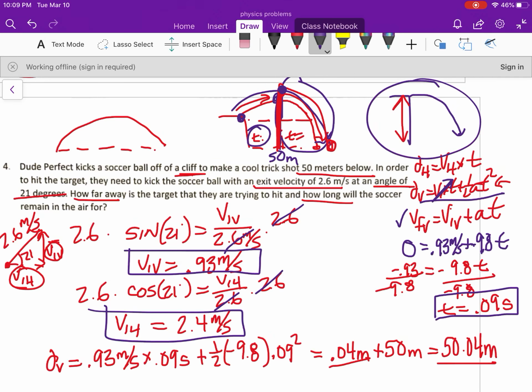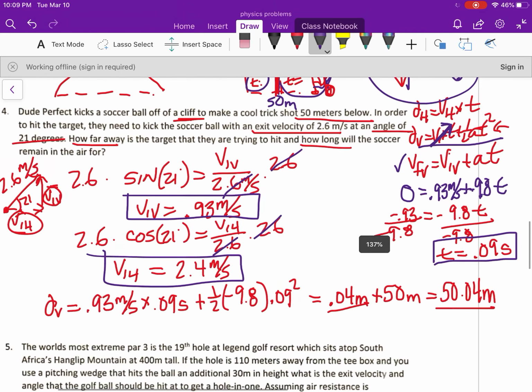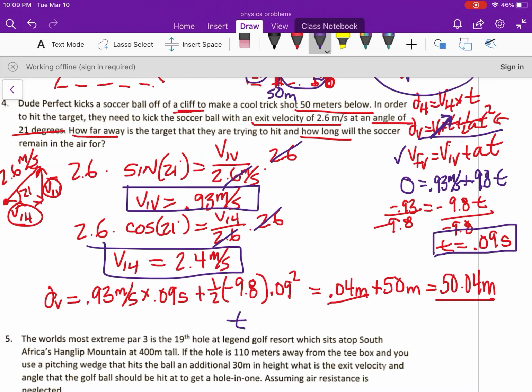So if I'm treating it like a horizontal projectile motion problem, I can just say my vertical velocity is 0, which means that this first part of it goes away, which means that I can rewrite that equation to say that t equals the square root of 2 times my vertical distance divided by my acceleration.